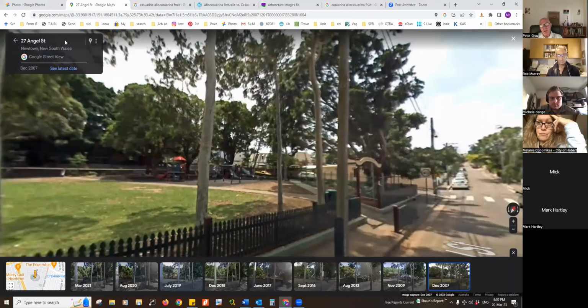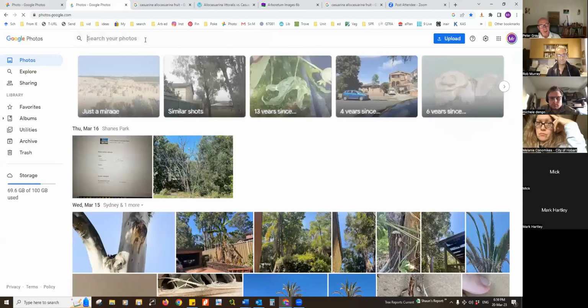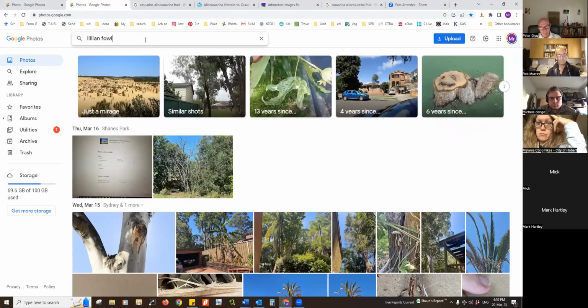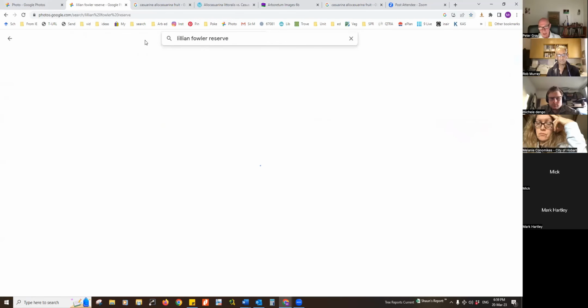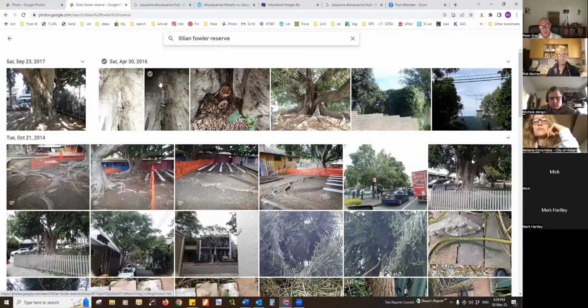When you do that reduction pruning, Mark, say the tree that had the work done a lot better, you reduce it by 1/3, take a bit off the end. How long does that work before the tree grows back and you're looking at the similar sort of force that you had before?